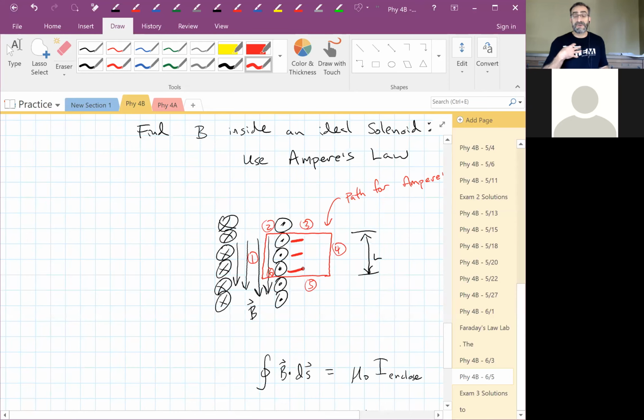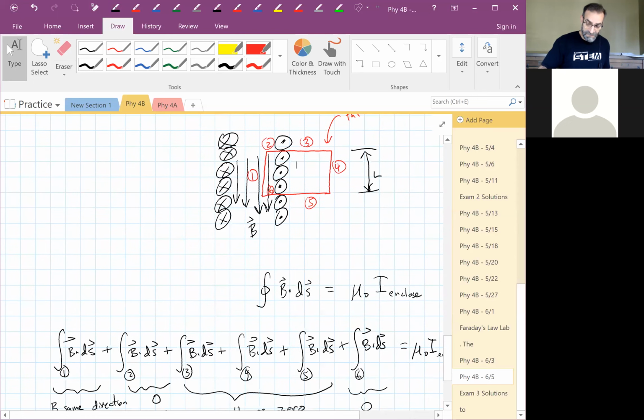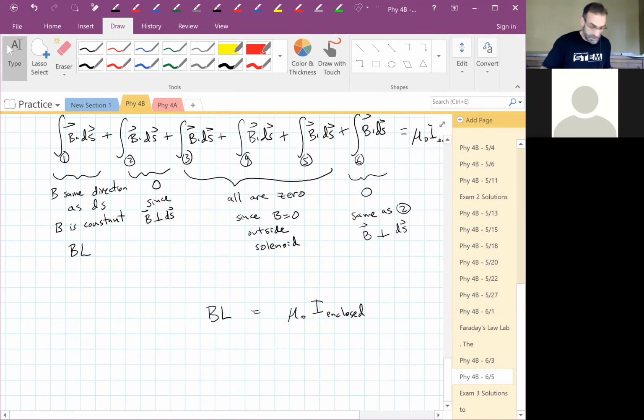I happen to pick 3 turns that I enclosed when I drew my path for Ampere's law. Maybe you chose a different number on yours. But you can see that there are multiple turns there. So let's just call it N. Capital N is the number of turns enclosed.